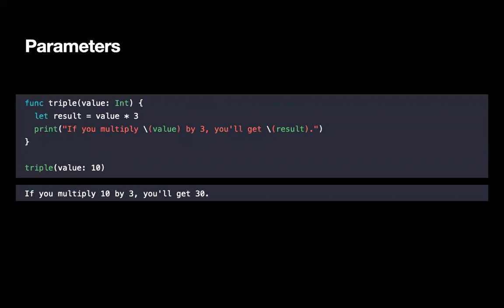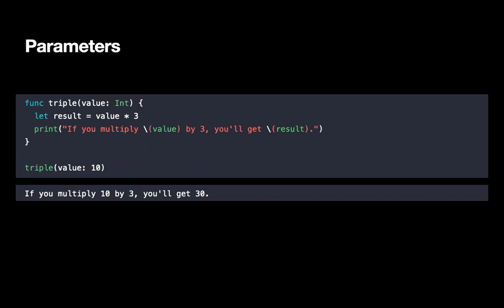Then, how to use parameters in a function. Here we have defined one function, the function name is triple, and you can see we have passed one parameter called value, which has the data type integer.